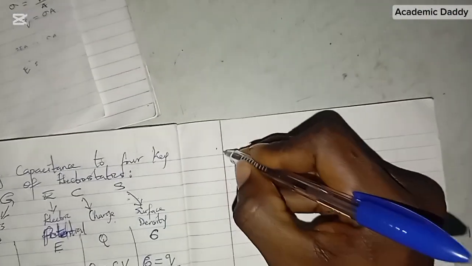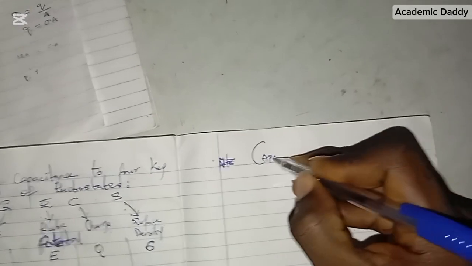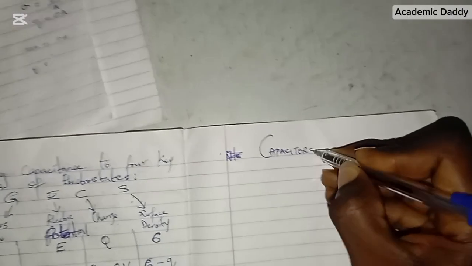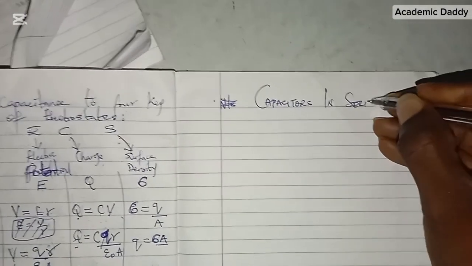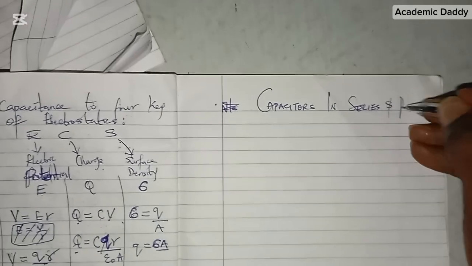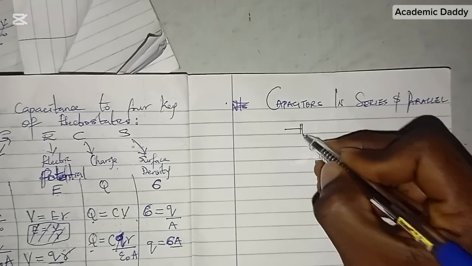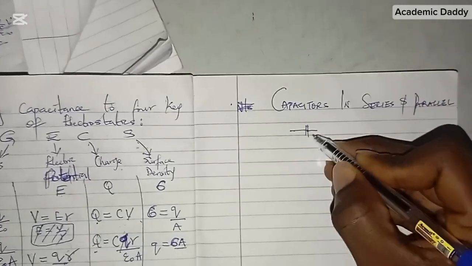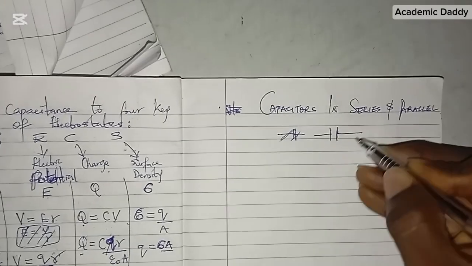Okay, notes. Sorry, let me first do this. Capacitors in series and parallel. You need to note that it's not every time you see a capacitor that it is one like this.